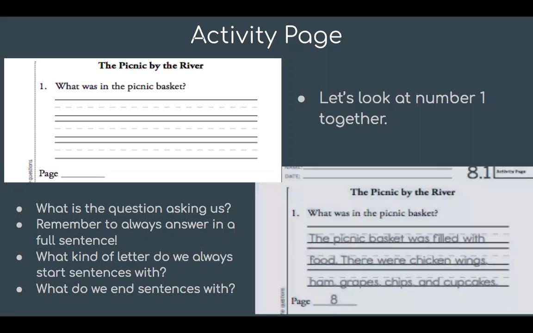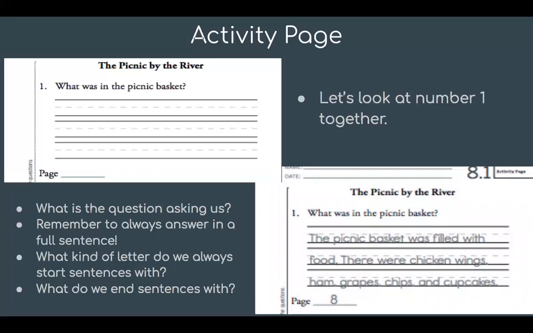So here is an example of what we are looking for. The question was, what was in the picnic basket? The answer says, the picnic basket was filled with food. Now, that would answer the question, but we want to be specific. We want to give examples. So the next sentence tells us what really was in there, what types of food.